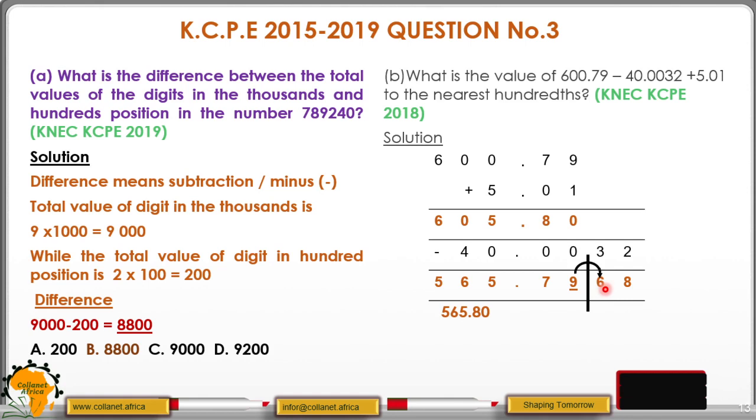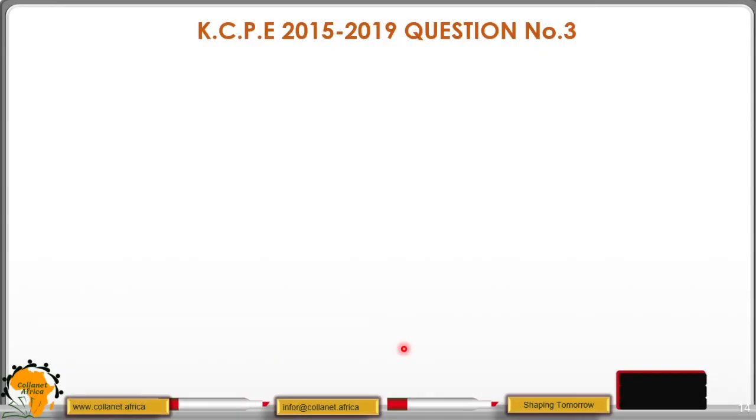So in this case you are going to add 1 here to get 10, then you carry 1, and it is going to be 8. If it was 4, then this one could have remained as 9, but in this case it is greater than 5, so this one will add 1 here, so our answer will be that one. So the choice is A.